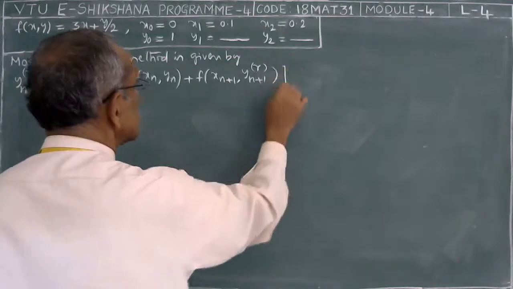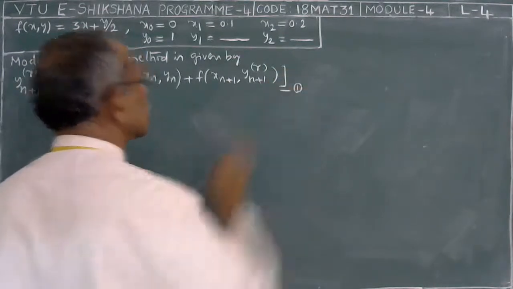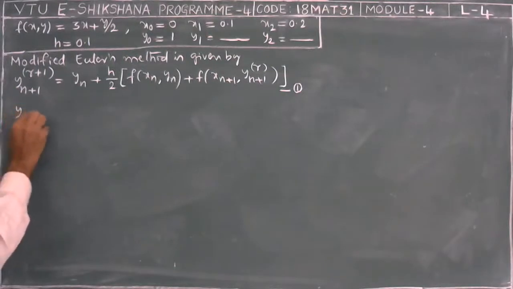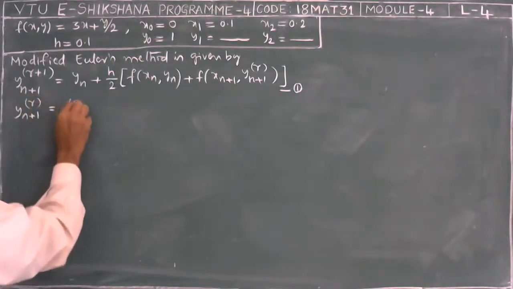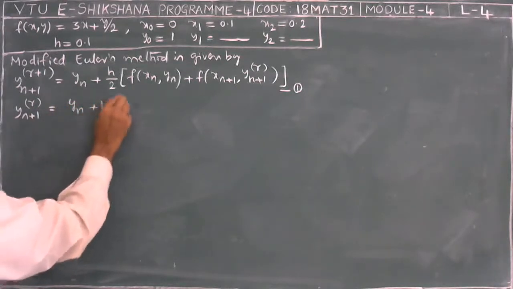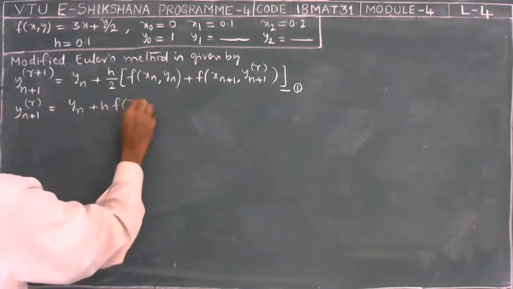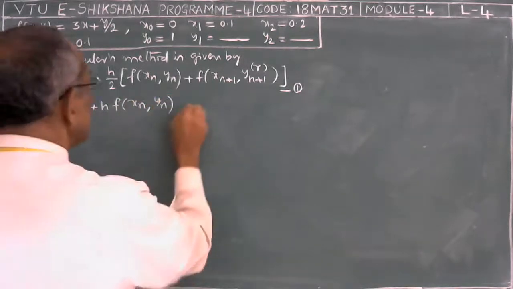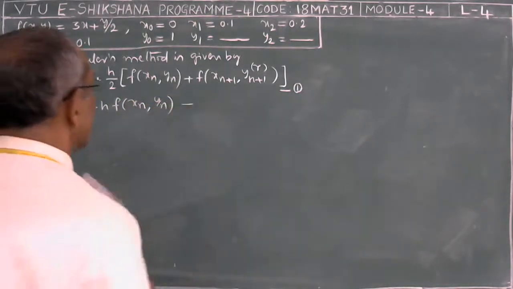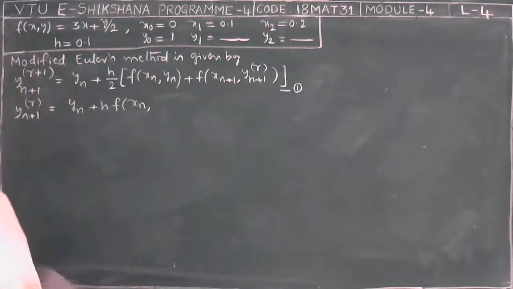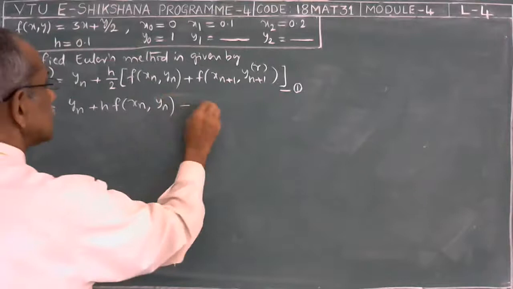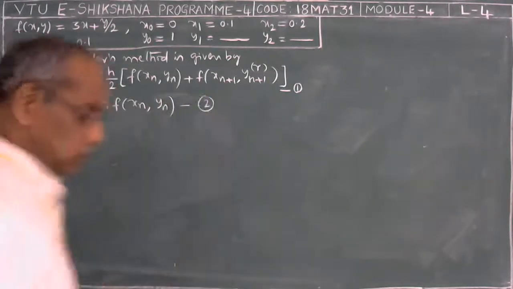Close the bracket. Call this equation number 1. Where yn plus 1 r is equal to yn plus h into f of xn comma yn. Call this equation number 2.